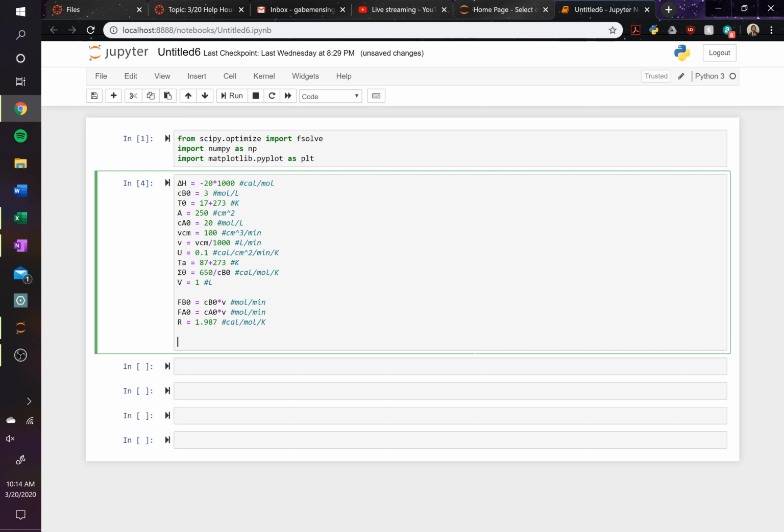In this case, the easy one is the energy balance, so I'll start with that first. I'm just going to use this lambda notation because it's a little simpler. Basically what this lambda does is say whatever my independent variable is, in this case XEB is equal to lambda, which is telling it to create a function, and whatever comes after that is my independent variable T. So now I just plug in the equation I solved for before.